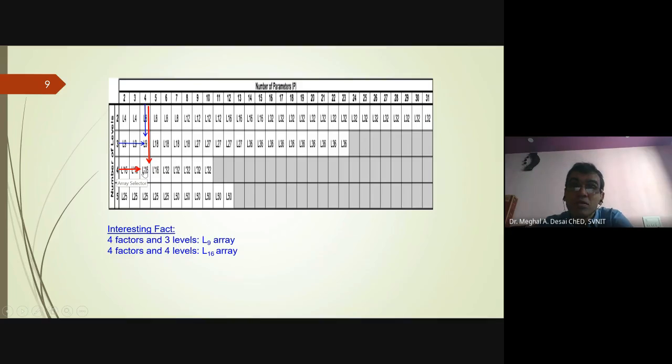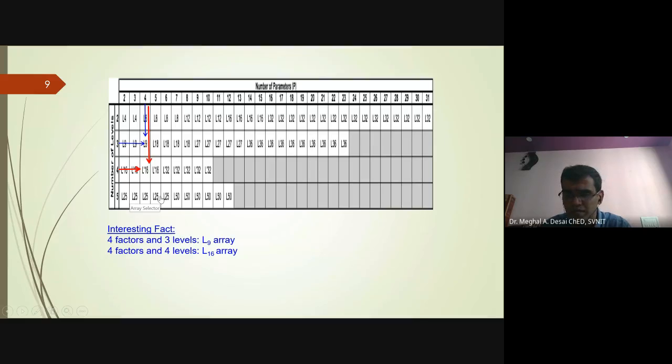Over here also, depending upon your expertise, your requirement, and consent with your supervisor or boss, you can select either 9 or 16. Why have we selected L16? The microwave operation is very sensitive in nature, very rapid.